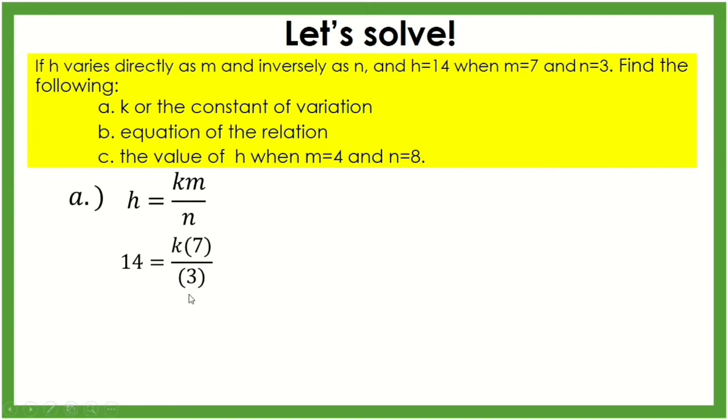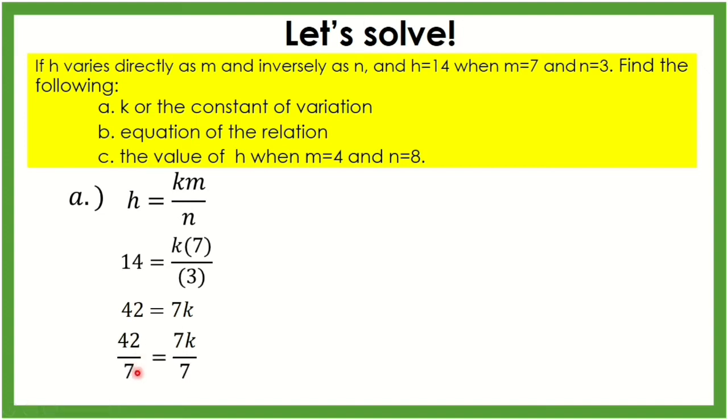After that, apply natin yung cross multiplication. Multiply natin 14 and 3. 14 times 3 is equal to 42. And then, multiply 7 and K. So, we have 7K. Next is to divide both sides by 7 or multiply both sides by 1 over 7.